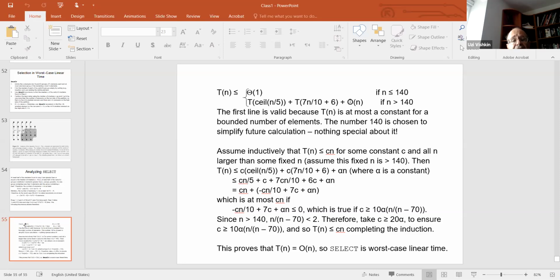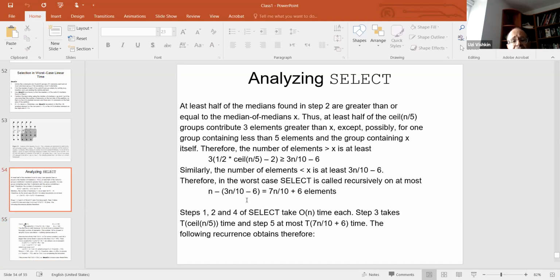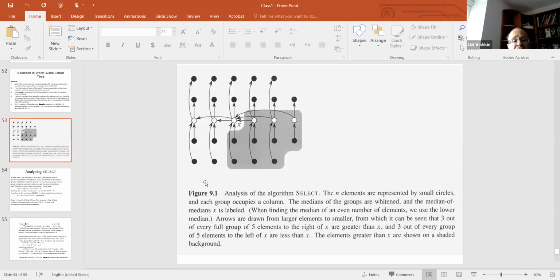And why do we have this big O of n? Because all the operations that we do outside recursive calls, the arrangement, the ranking of the element, the exclusion, and everything that we do outside the recursive calls is no more than a linear number of operations.